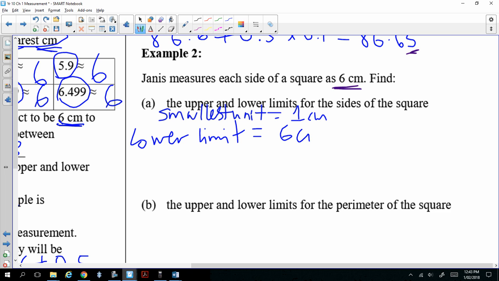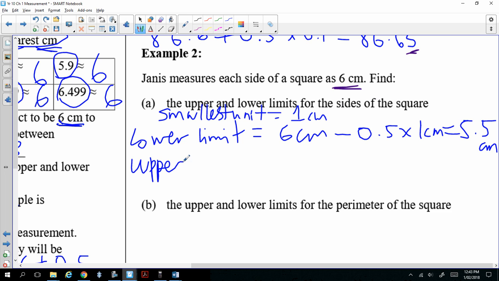If you do that, you should get 5.5 cm. And the upper limit can be done by adding 0.5, which is 6.5 cm.